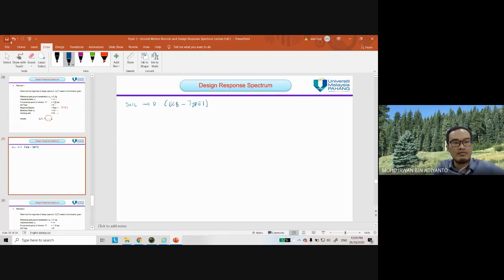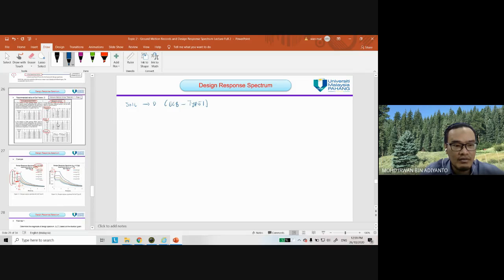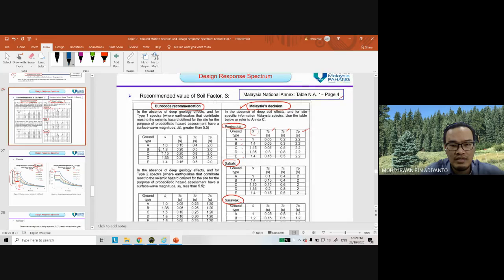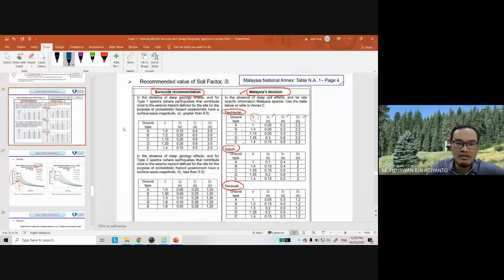Okay, so you bring out anything related to soil type D. So you refer to this table. For type 1, we refer to this table. Soil type D here, the S factor is 1.35.